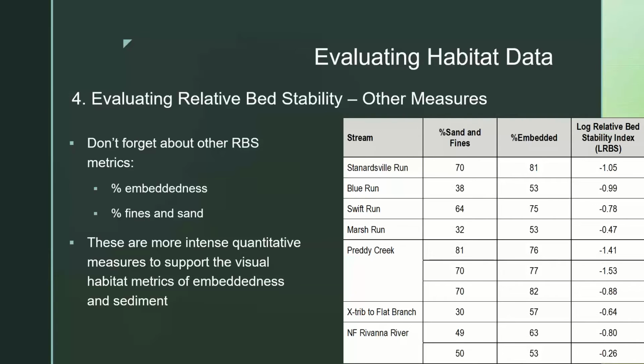For our visual habitat assessment, we're assessing embeddedness, but that's one time, one place. The relative bed stability analysis is a much more intensive and quantitative measure of that same embeddedness. Together, the two provide us with much more information, so don't forget to look at that data as well.